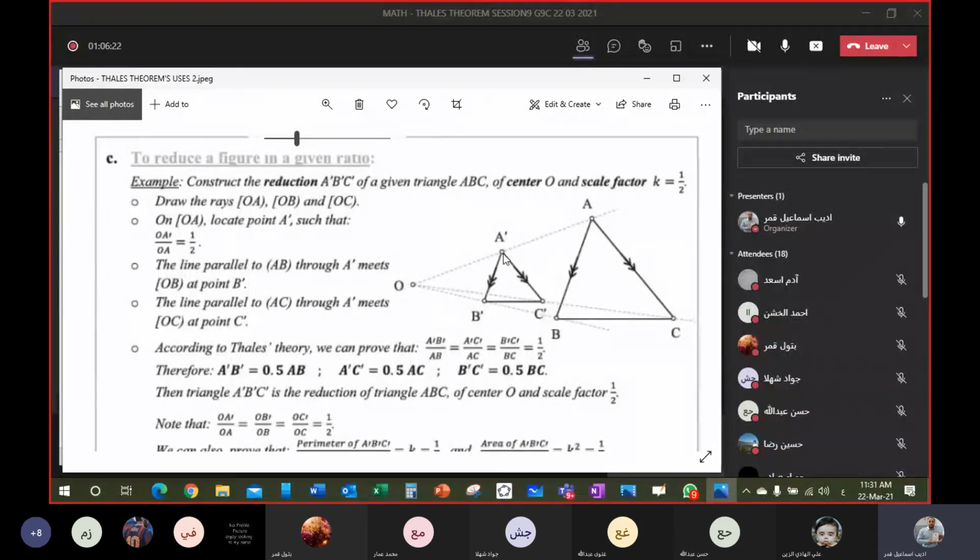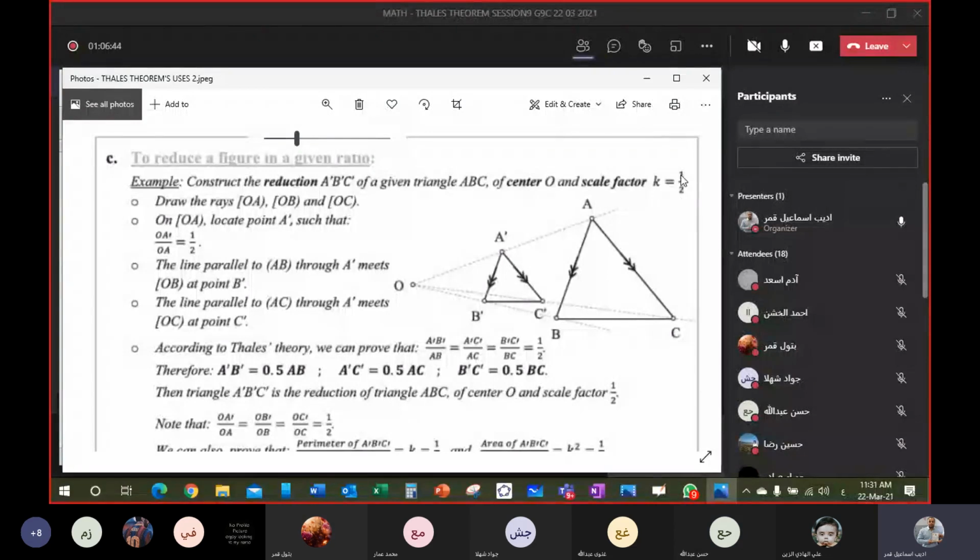OA prime is OA over 2. Point A prime is the midpoint of OA. This is a very simple scale factor.